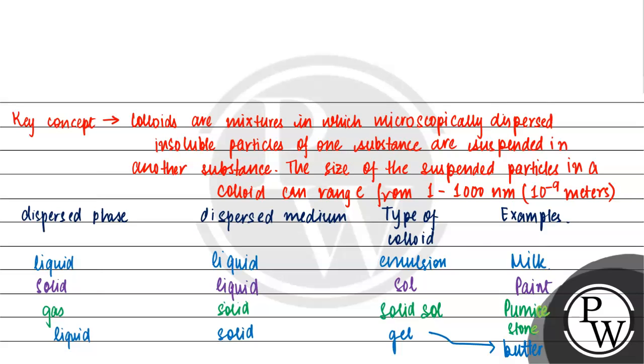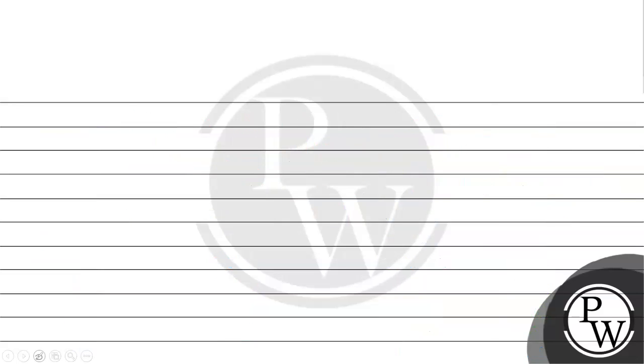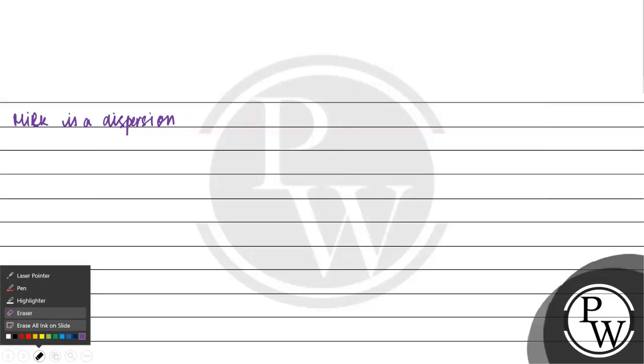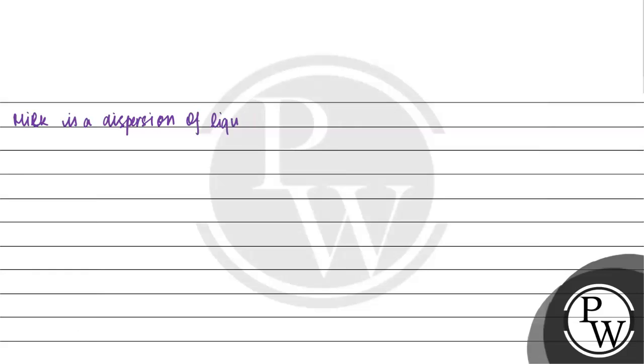Now let us talk about it individually. Milk is a dispersion of liquid in which fats and proteins are dissolved.